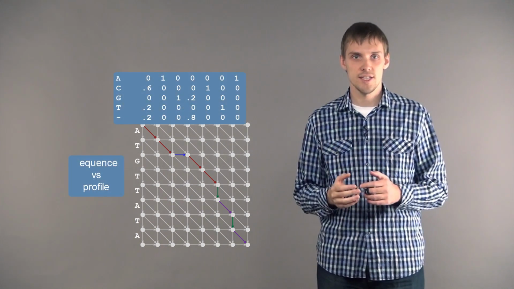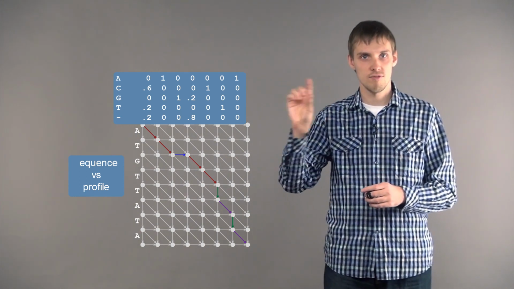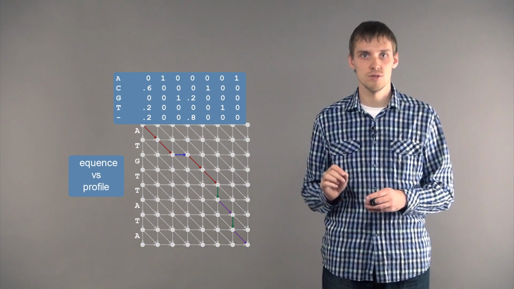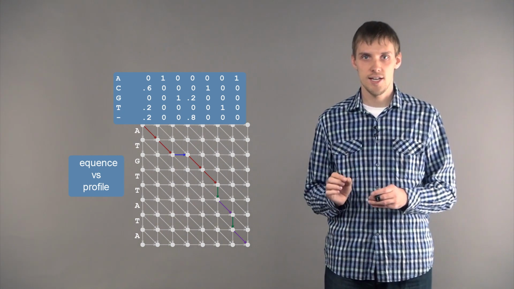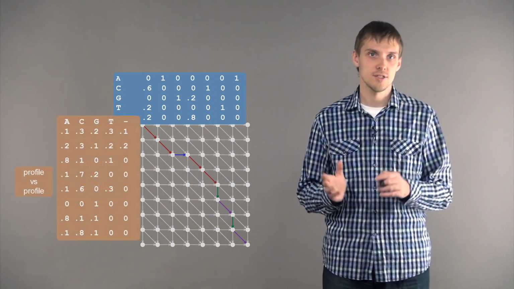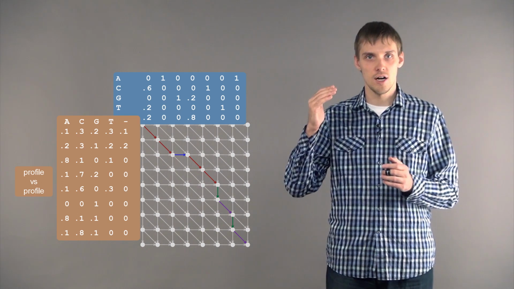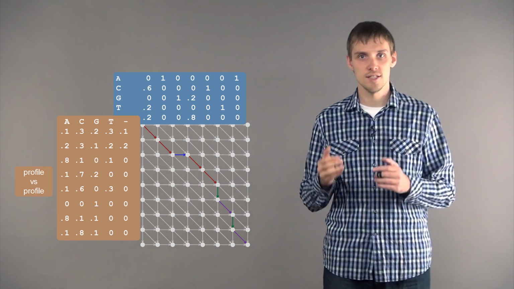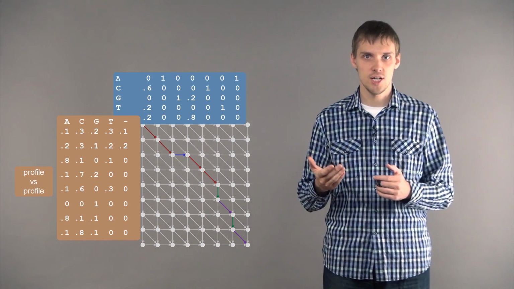But you can replace a sequence with a profile, and you can use values proportional to the values in a profile to score each edge in a graph. Also, you can use a profile as a second sequence, and you can align these 2 profiles in a very similar way to how you aligned 2 sequences with each other.